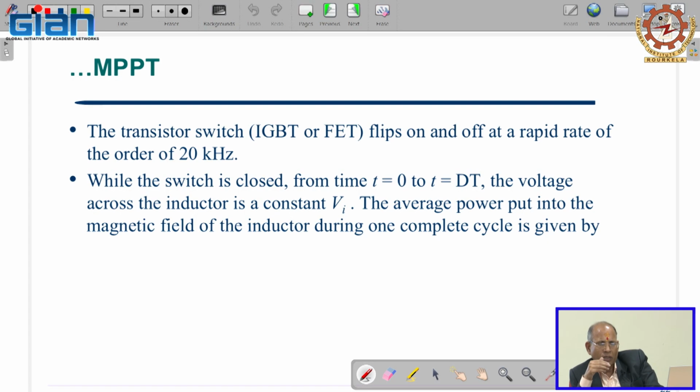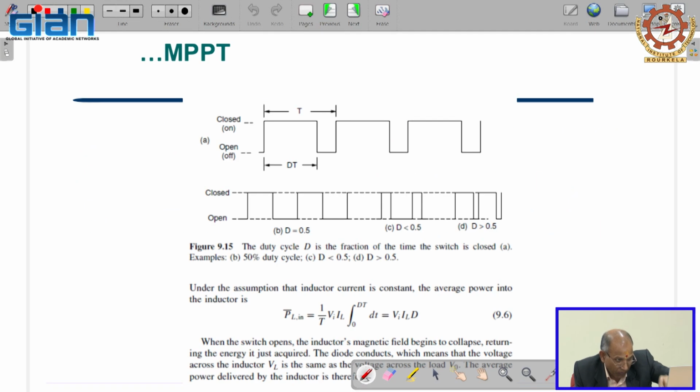With this switch on and off, how much duration the switch is on and how much duration it is off gives the concept of what we call the duty cycle. I will show it in the next slide. You can see how in one cycle, how much duration we keep the switch on and how much duration we keep the switch off. This we can adjust, we can change.